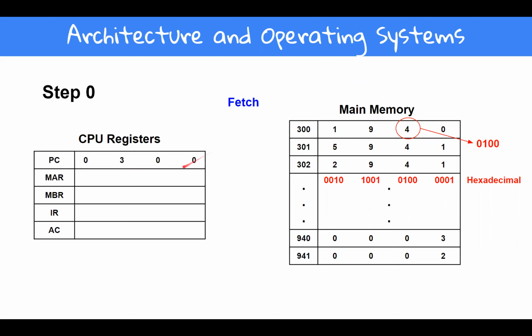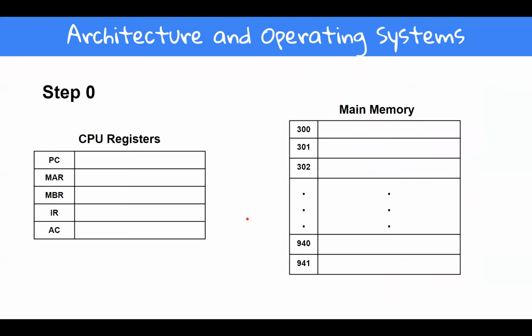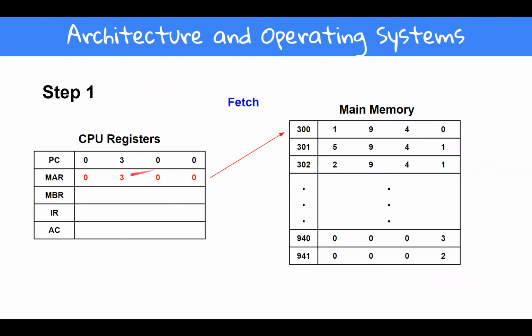Fetch means reading. So the computer starts. Program counter at the first place, as you see here, sends the instruction to be fetched to the MAR. Memory address register gets the instruction. Memory address register is a register which goes to the main memory and specifies the address.